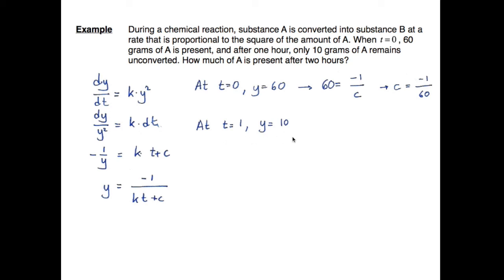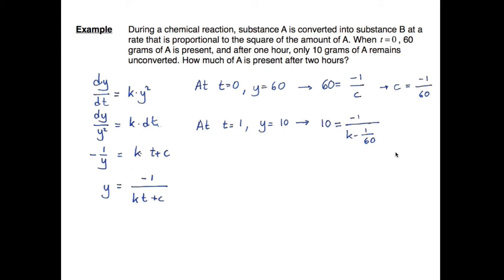This is our other information, and if I plug that in the equation, 10 equals negative 1 over (k times 1 plus c), with the value of c that I found already. I substitute c right away, and I get an equation where I only need to find k.